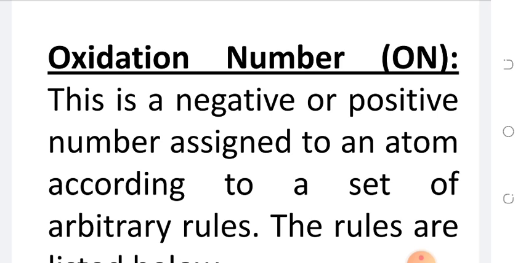So oxidation number also has to do with how elements combine with another element, but it's not as fixed as valency is. Valency is always fixed. You can't change valency. Group 1 elements have a valency of 1. There is nothing you can do about it. Just like that, group 5 elements have a valency of 5 and 3. You can't do anything about it.